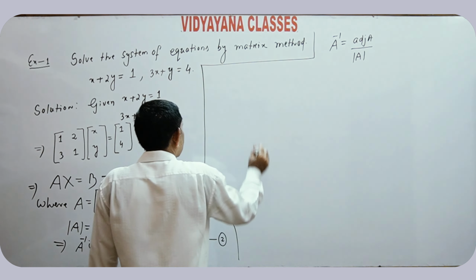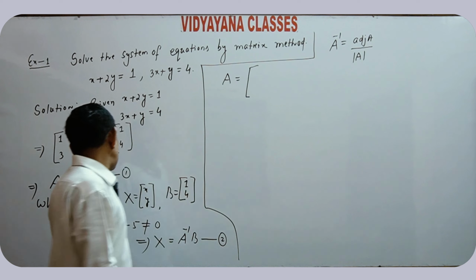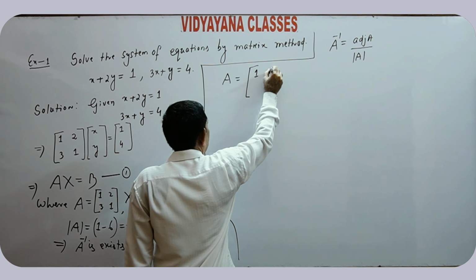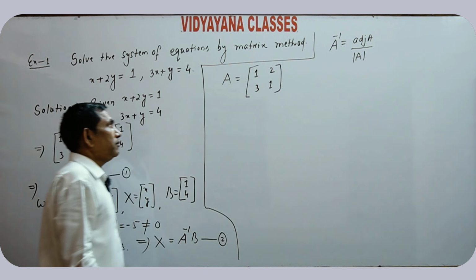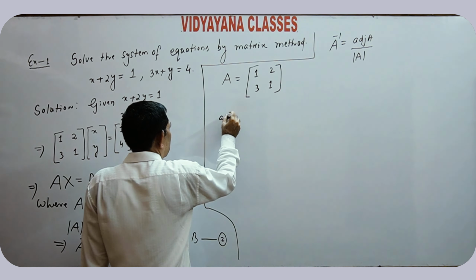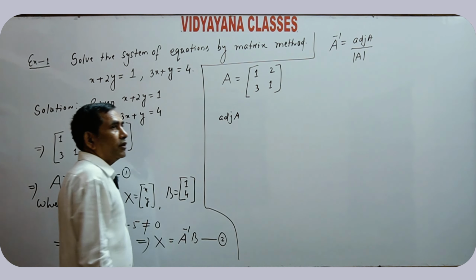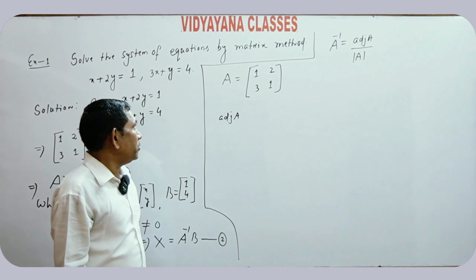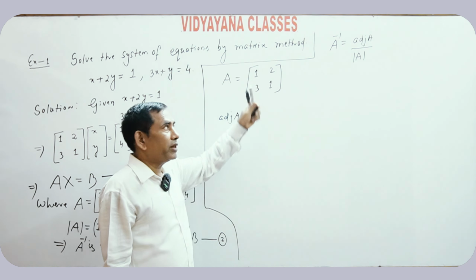Adjoint of A is given by the matrix having elements 1, 2, 3, 1. Adjoint of A: it is a matrix of order 2, so we can find its adjoint by the direct method.